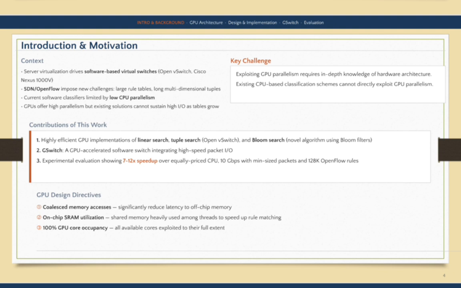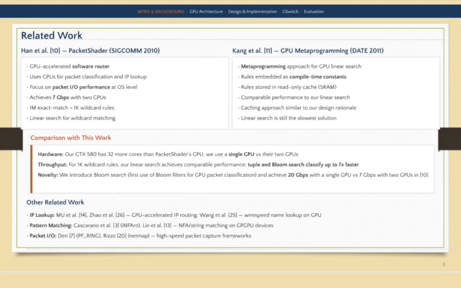5. This slide reviews previous research related to GPU-based packet classification. Previous systems such as PacketShader and GPU metaprogramming use GPUs to accelerate packet processing, but they mainly rely on linear search, which becomes less efficient as the number of rules grows.